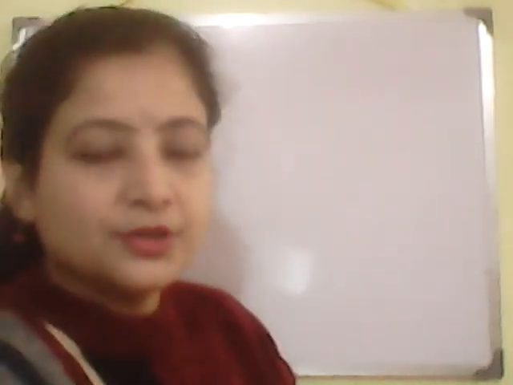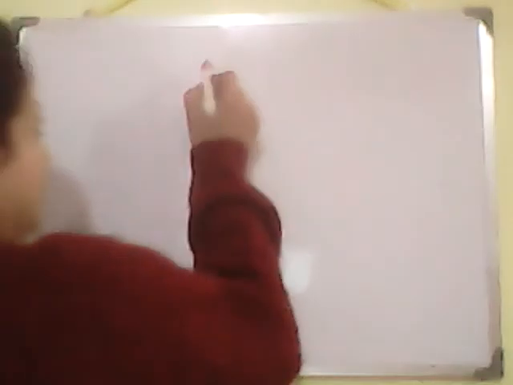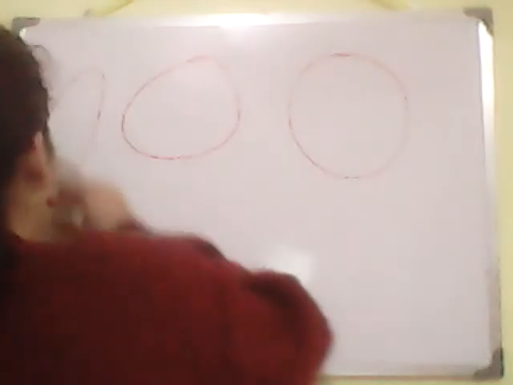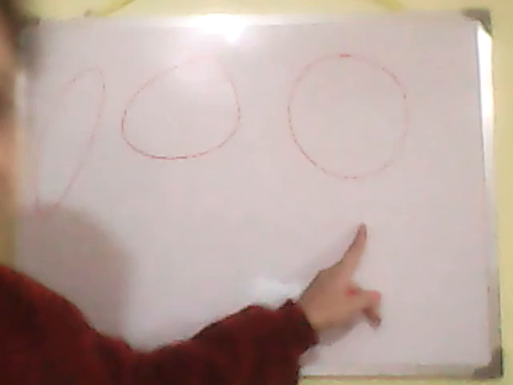In the case of lines, we know there are two types of lines. One is a curved line and another is a straight line. With a curved line, it's possible to make a bounded figure with only one curved line, like this. We can make a circle or an oval.